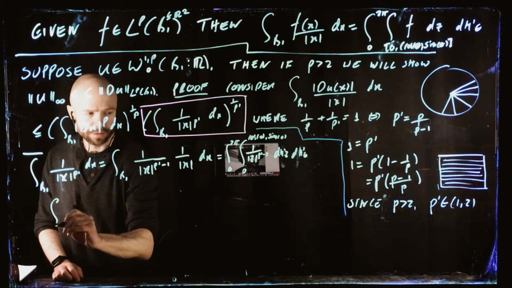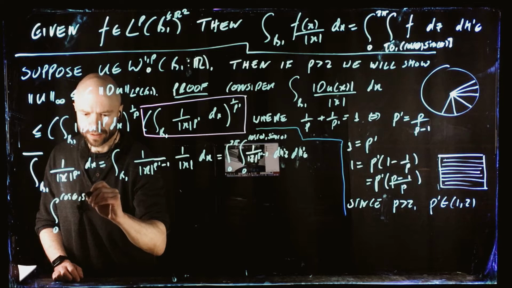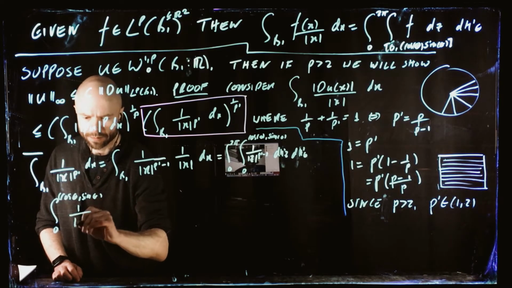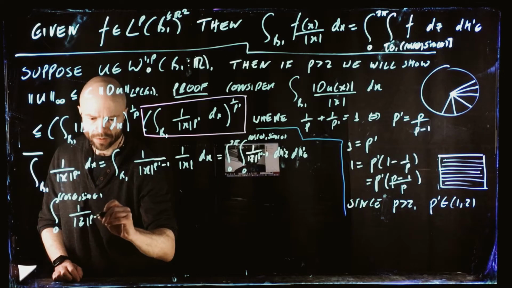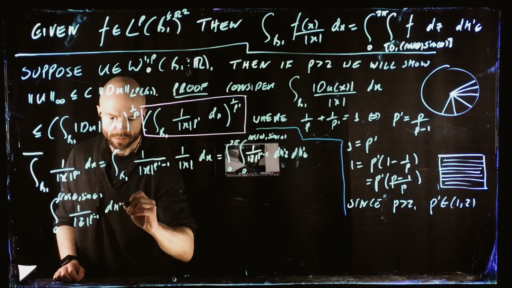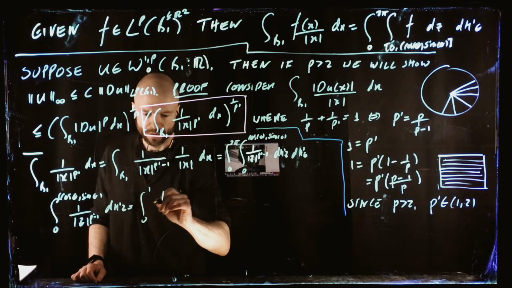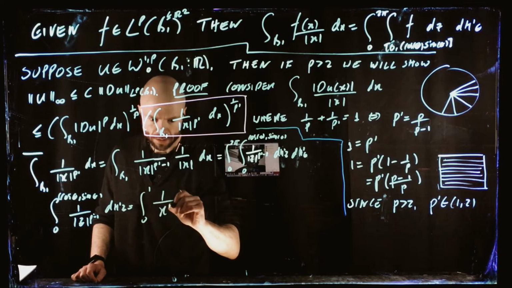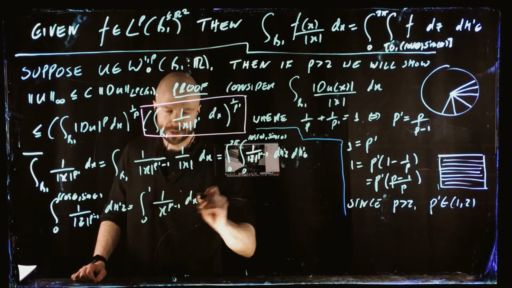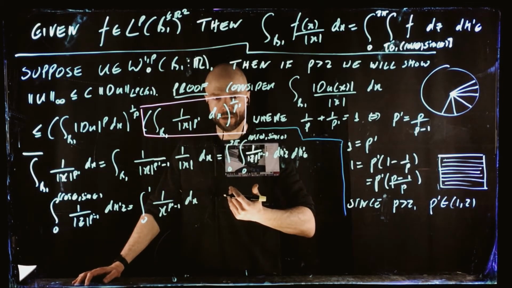So the integral from 0 to cosine of theta, sine of theta, 1 over mod z to the p prime minus 1, oops, dh1 of z is nothing but the integral from 0 to 1 of 1 over x to the p prime minus 1 dx, right? And as you know, this is now an integrable function, right?